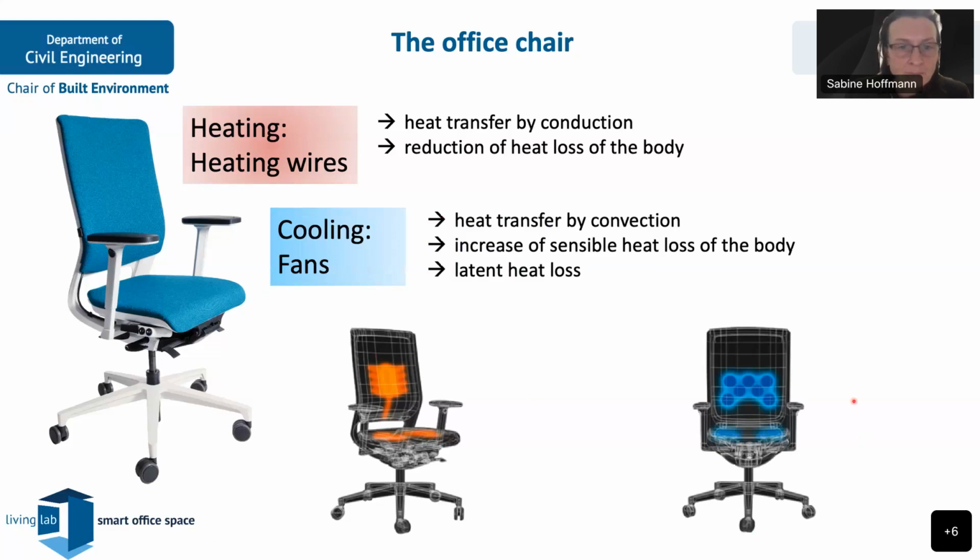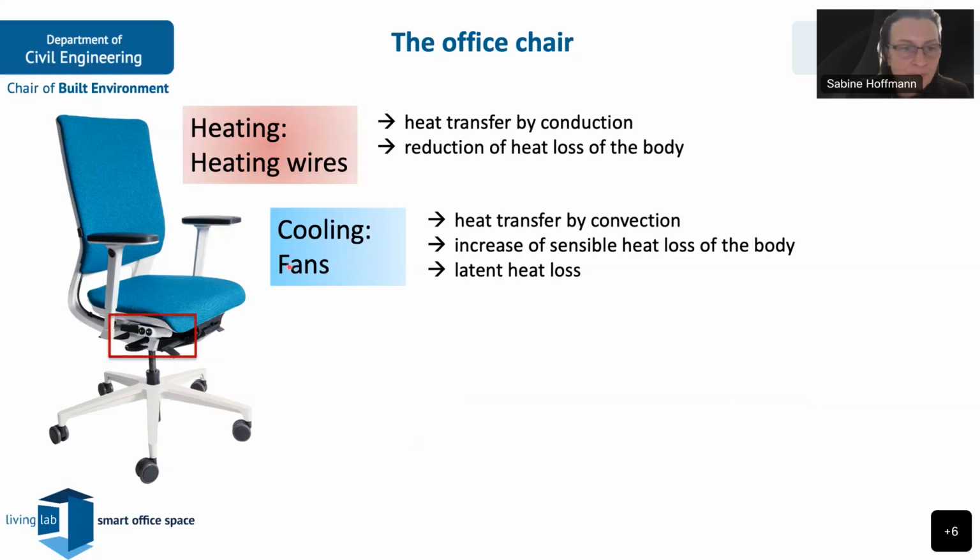It's provided by little fans, so increasing the air circulation around your body by increasing the convective heat loss from your body to the environment. In addition to the sensible heat loss of the body, this increased ventilation has the advantage that it dries your skin, so it makes the sweat, the humidity on your skin evaporate and provides a cooling effect through this evaporation.